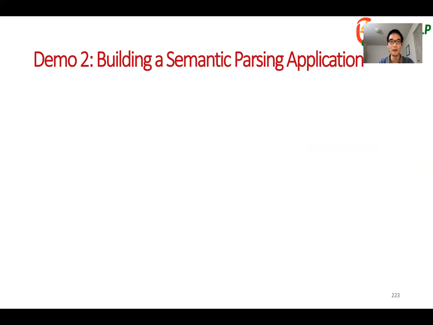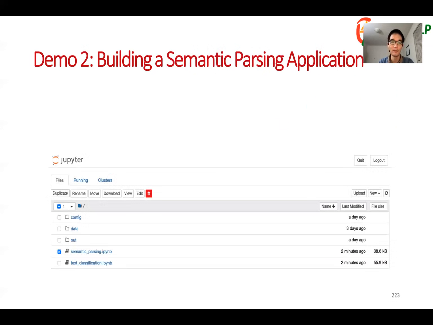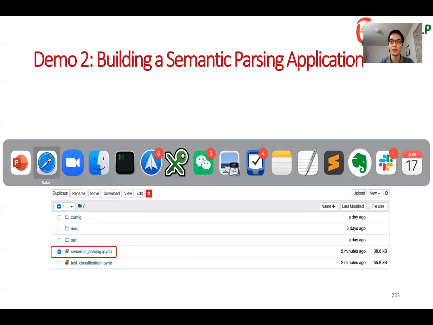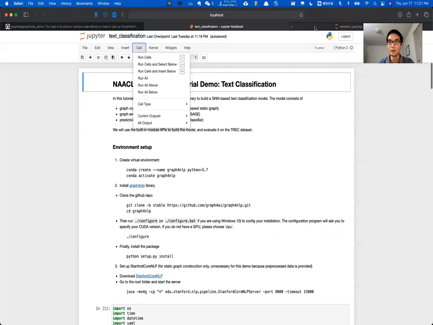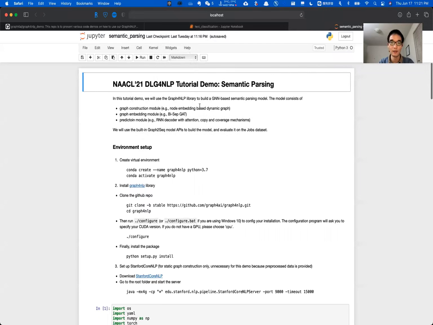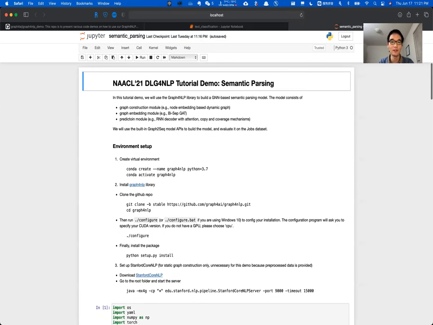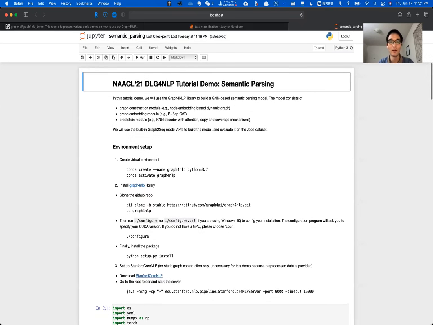Now let's talk about the second demo, which is to build a semantic parsing application. Let's quickly go to the Jupyter Notebook page. In this semantic parsing demo, we will use the Graph4NLP library to build a GNN-based semantic parsing model. The model consists of a graph construction module, a graph embedding module, and a prediction module.